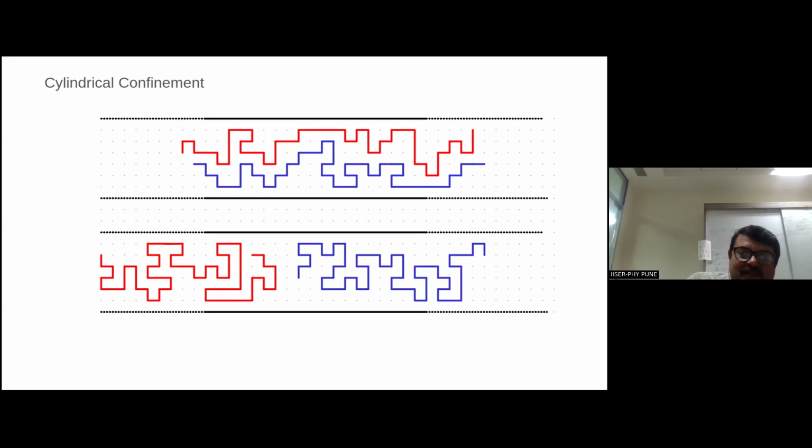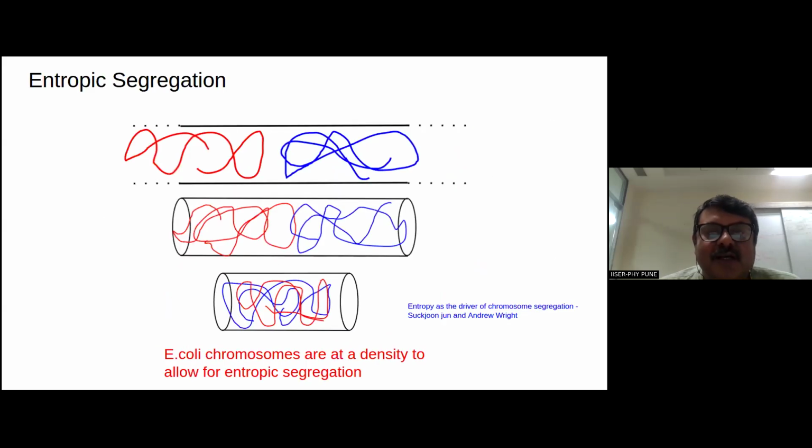Yes, this is a thermal system, but the number of configurations is more. Hence, free energetically, it will be minimal if they are segregated along the long axis. So that is the hand-waving way of understanding it. Of course, you can do calculations also. So entropic segregation, that's how it would work.